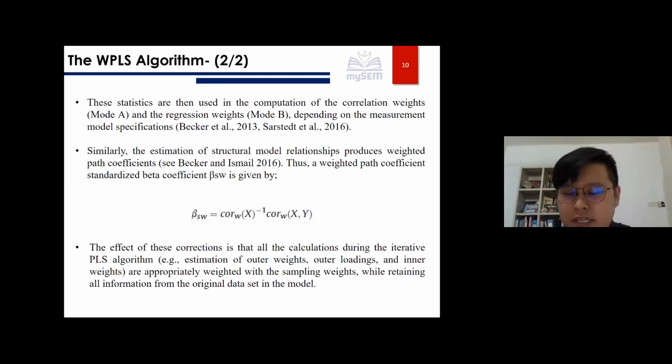I'm going to explain this weighted vector ratio at a later stage. Right now, you just need to remember that the WPLS algorithm comes from the weighted population divided by the sample that you have, and that becomes your weighted vector. The weighted vector will calculate weighted mean, weighted variance, and weighted covariance, then you will run the structural model relationships.